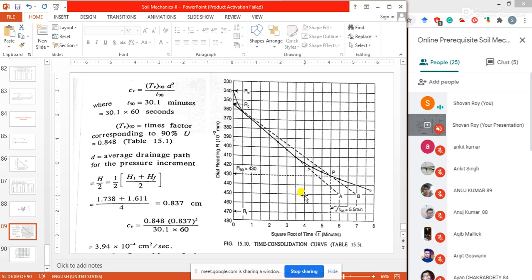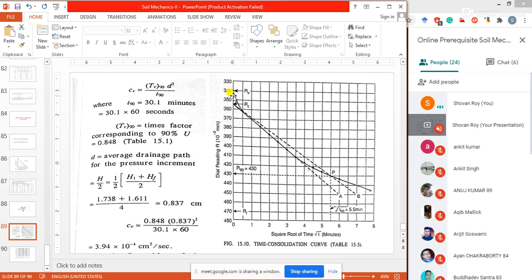It is produced back to meet the ordinate and meeting RC, which is called the corrected zero reading, and the consolidation between R0 and RC is called initial consolidation. So R0 to RC, this value is initial consolidation.